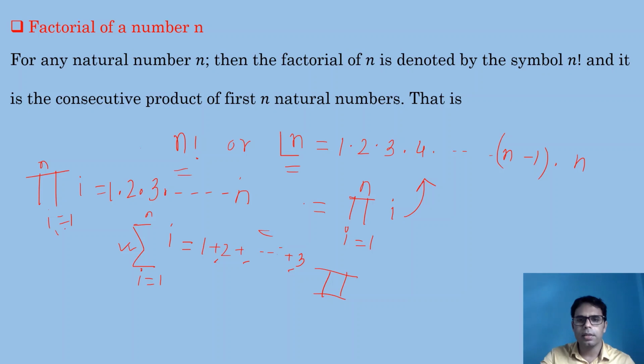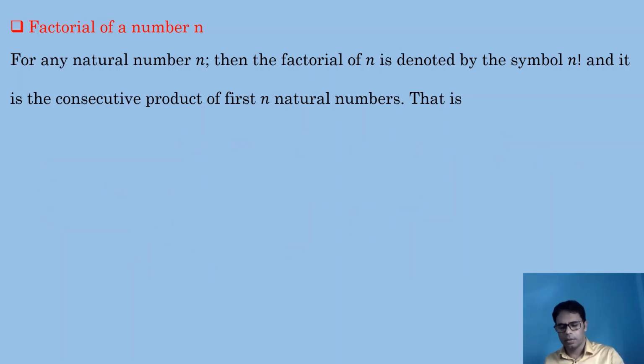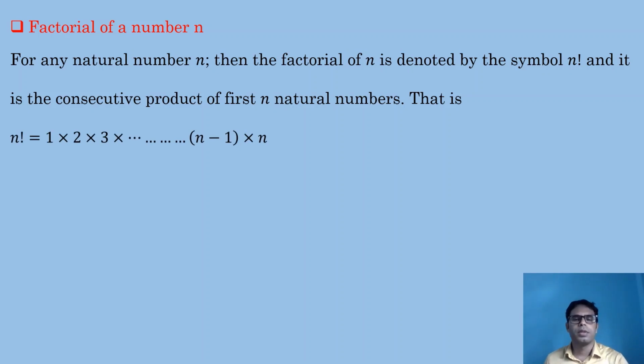So you write these notes in your copy. So this is the definition of factorial, and this is the symbolic notation I already discussed with you. And again you see we can extend the definition of factorial n to the definition of factorial 0.